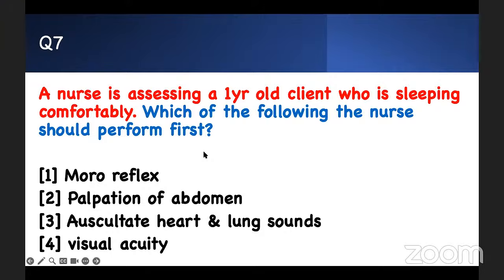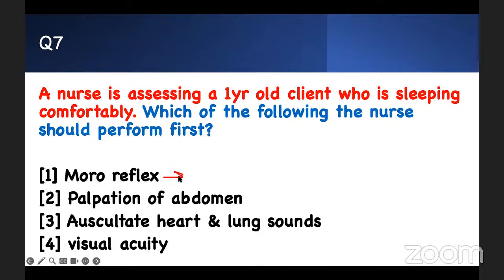Use the same concept. What did I say? To examine a kid, go with the least invasive. Which of these is the least invasive?